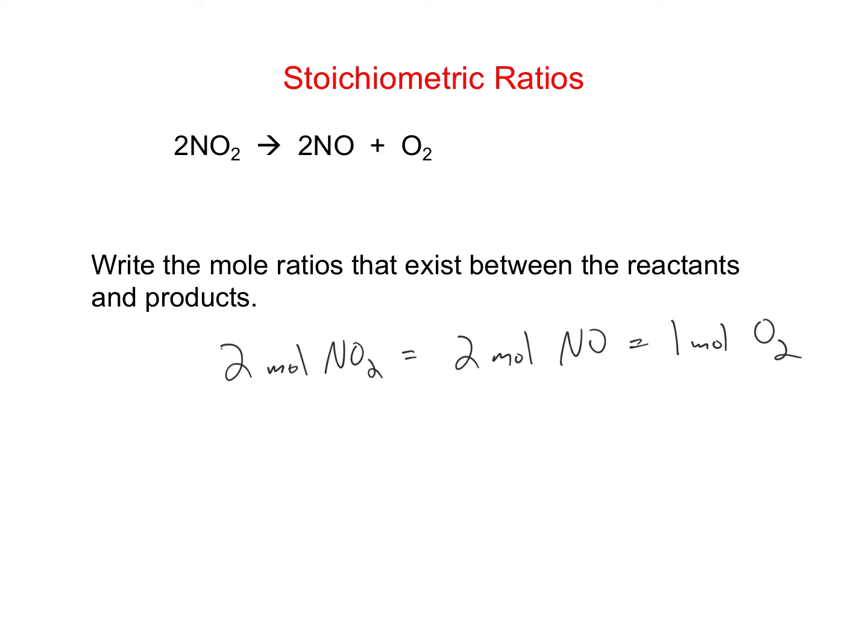So the NO2 and the NO will have similar rates. The NO2 is going to be decreasing and the NO is going to be increasing, but the rate at which the NO2 decreases will be the same as the rate that the NO increases. The sign on the rate will just be different. The sign will be negative because we're losing the NO2, and positive because we're making the NO. And then the oxygen will be made half as fast as we're making the NO.